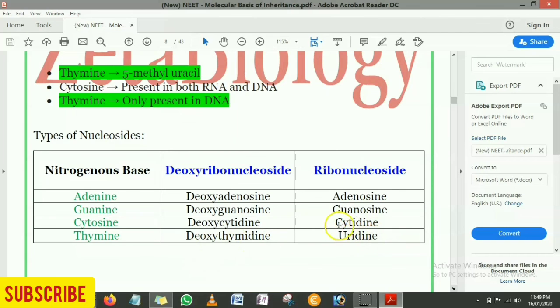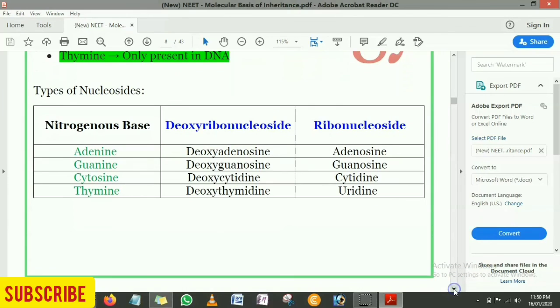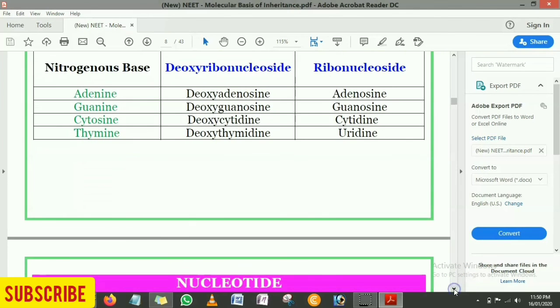Now you have to remember this. Thymine will not be present in RNA, because uracil is present. So the nucleoside that will form in RNA is uridine, not thymidine. Okay, so remember that.